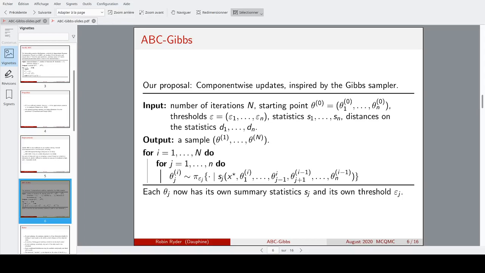Alright, so this is exactly what you would do with a Gibbs sampler, only here, instead of sampling directly from the conditional distribution itself, we're sampling from the ABC approximation of that conditional distribution.